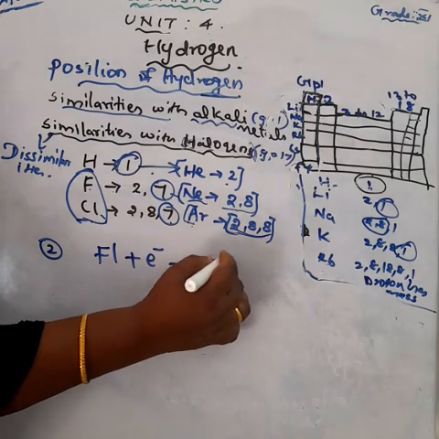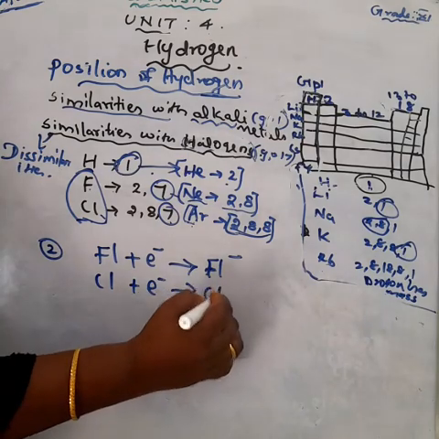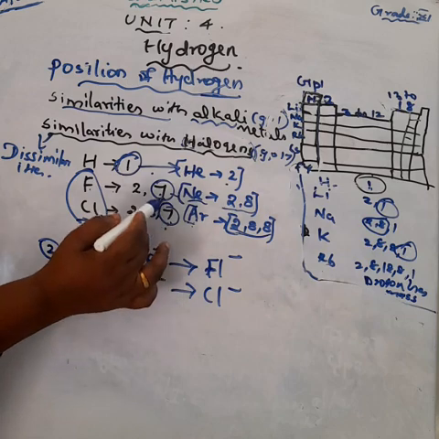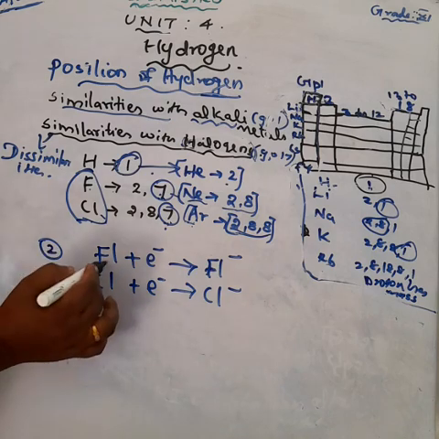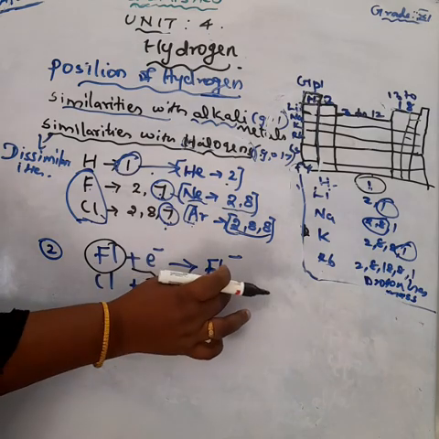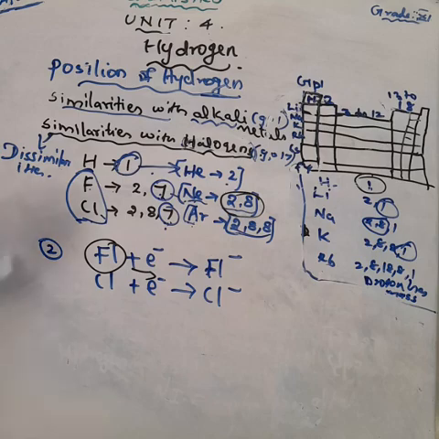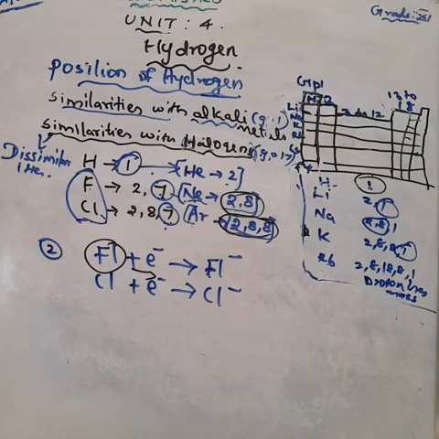Fluorine, chlorine, bromine, all the halogens try to gain one electron because the outermost shell of the halogens has 7 electrons. Fluorine tries to get one electron to reach the nearest noble gas, neon. Chlorine tries to gain one electron to form the nearest noble gas configuration, argon.